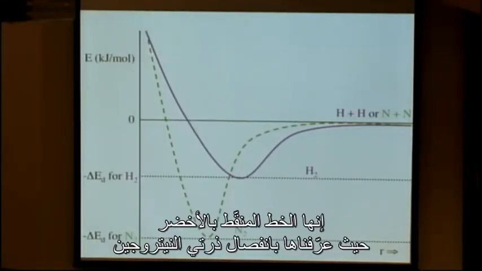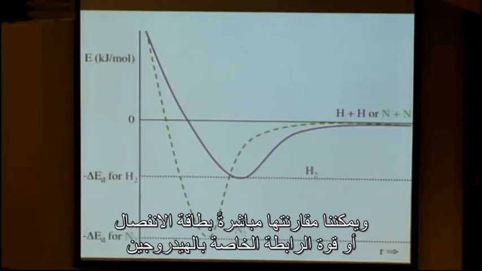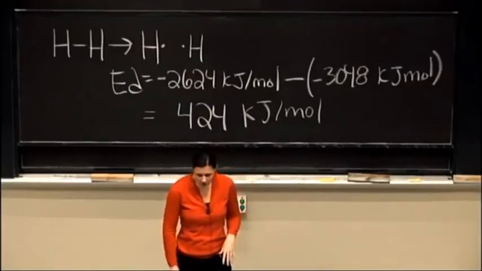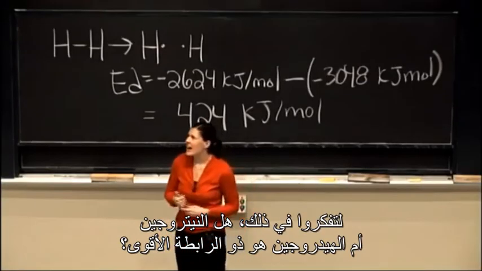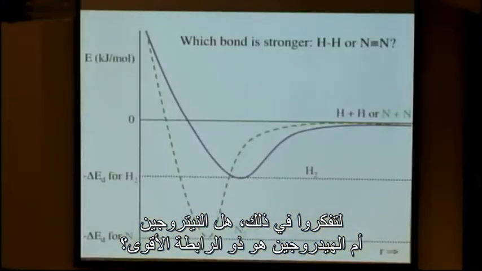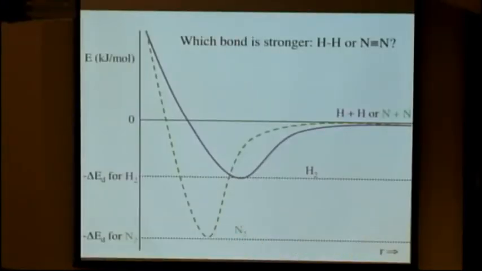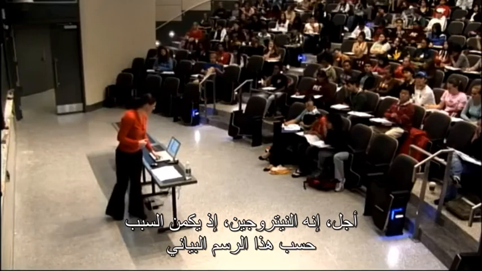And what we see is that we have now defined this energy as where the 2 nitrogen atoms are separated. So what we can actually directly compare is the dissociation energy or the bond strength of nitrogen versus hydrogen. So if we think about this, which would you say has the stronger bond? Is it going to be hydrogen or nitrogen? Yep, it's going to be nitrogen.